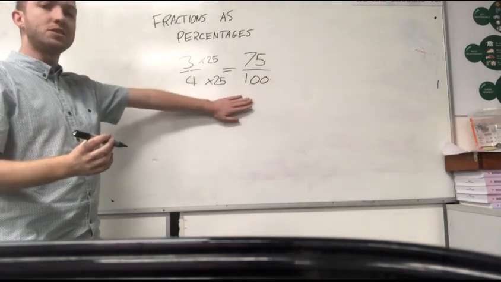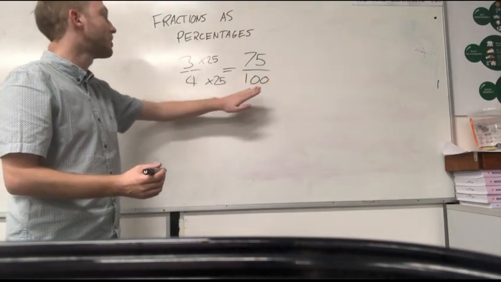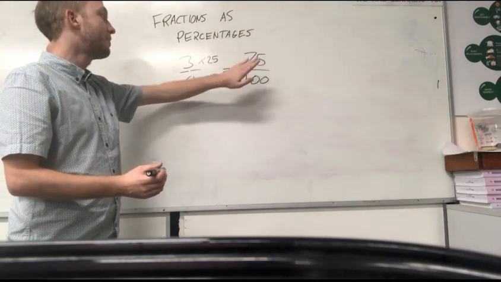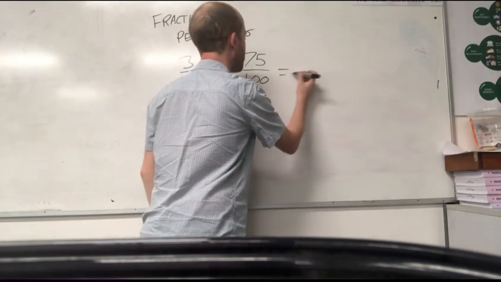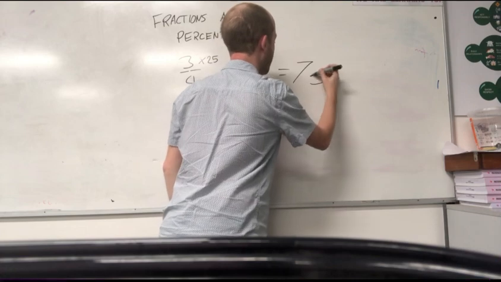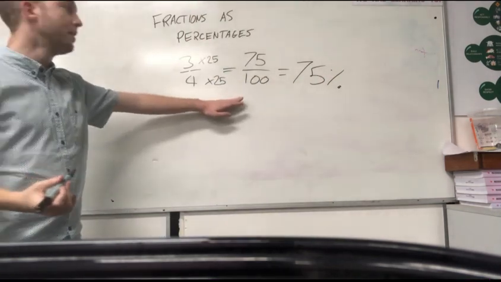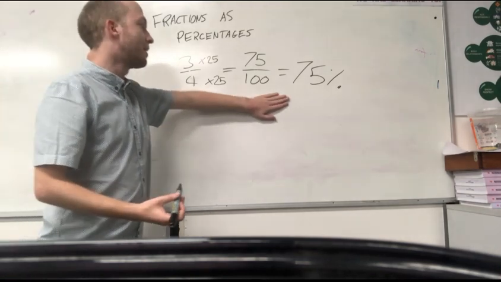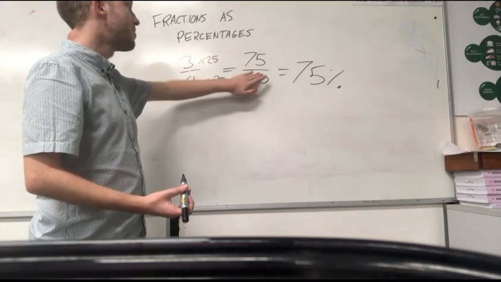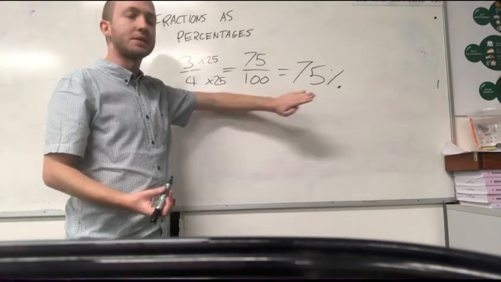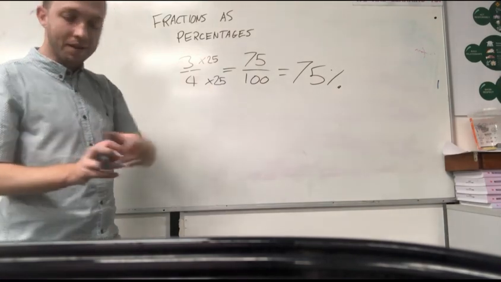So we've got 75 over 100, which I now know equals 75%. Just to clarify, whenever I have something over 100, I can write it out as a percentage. It has to be over 100 first though, before I work it out.